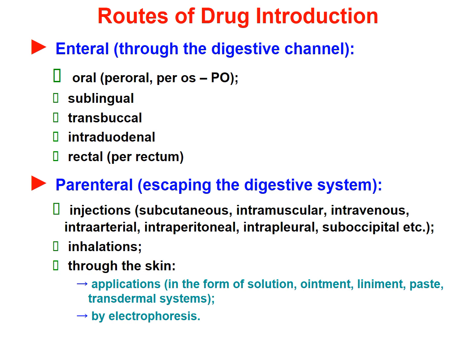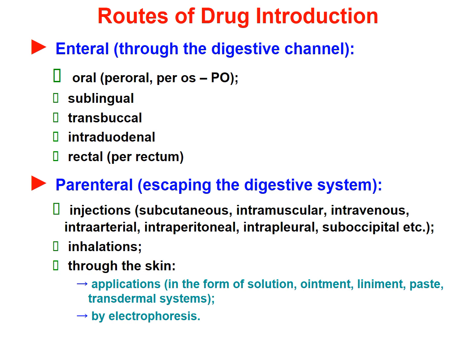Enteral routes of administration means that the drugs are absorbed through the mucous membranes of the digestive channel. And such routes are represented with oral, sublingual, transbuccal, intraduodenal, and rectal. Parenteral routes of drug administration means that they are absorbed escaping the digestive system.